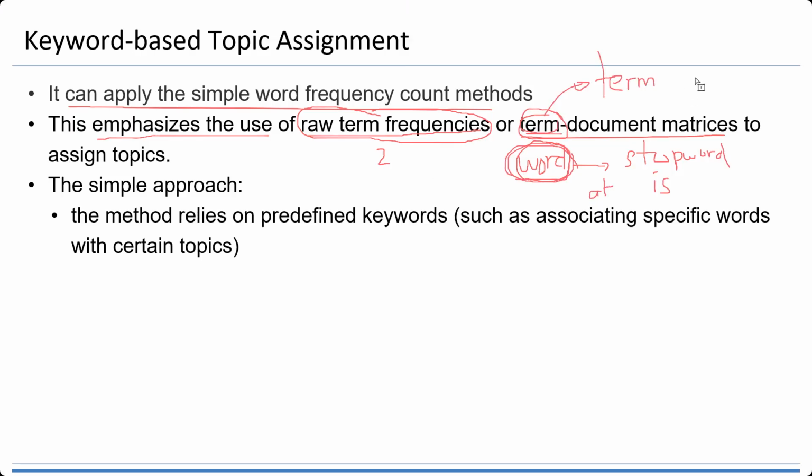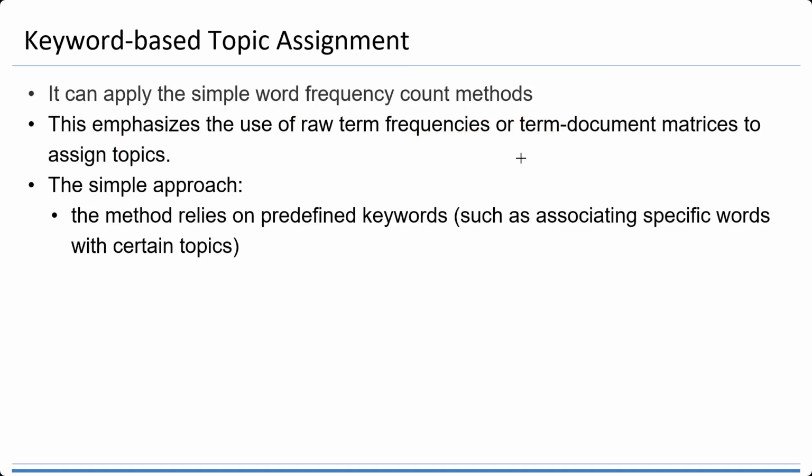So for example, from the previous one, we have current, flow, or we have the term about data. Okay, so something that we can extract and something that is important or obvious to a particular topic. If we are using the word, usually it is more general. If we use term, it is more specific. So some literatures directly mention the term document matrices.